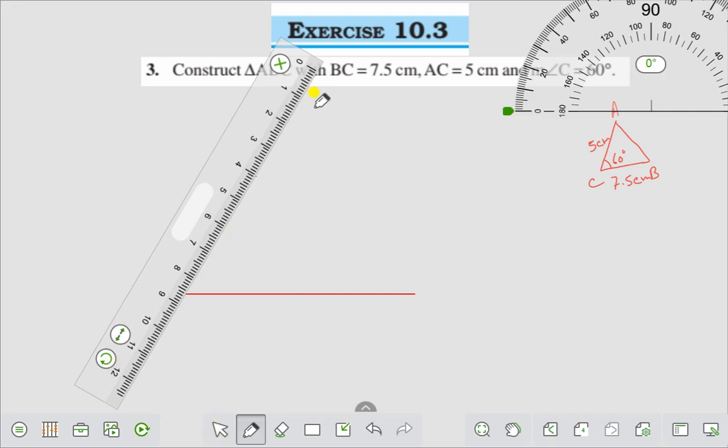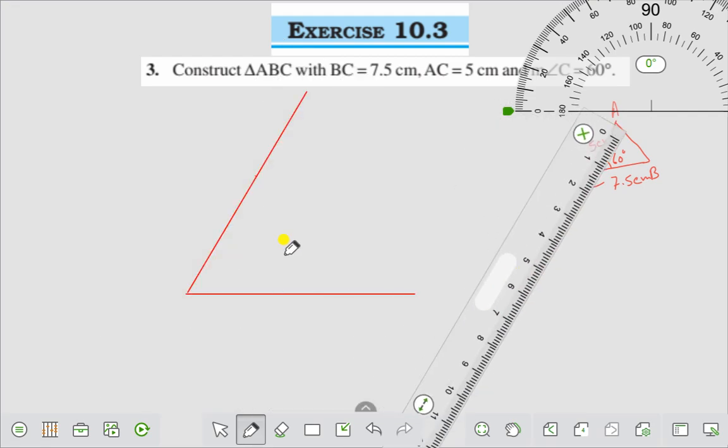Now draw this angle of 60 degrees. You have drawn this angle and it is 60 degrees.